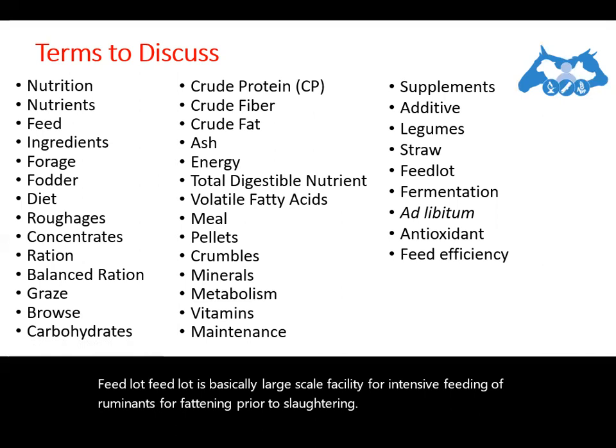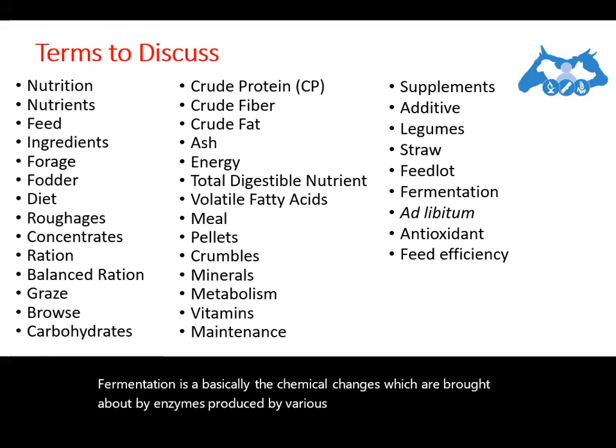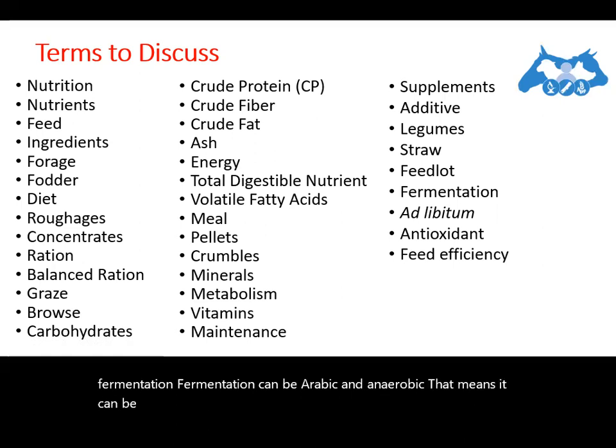Fermentation. Fermentation is basically the chemical changes which are brought about by enzymes produced by various microorganisms. Fermentation can be aerobic and anaerobic. That means it can be performed in the presence of oxygen, and the other one is without oxygen.